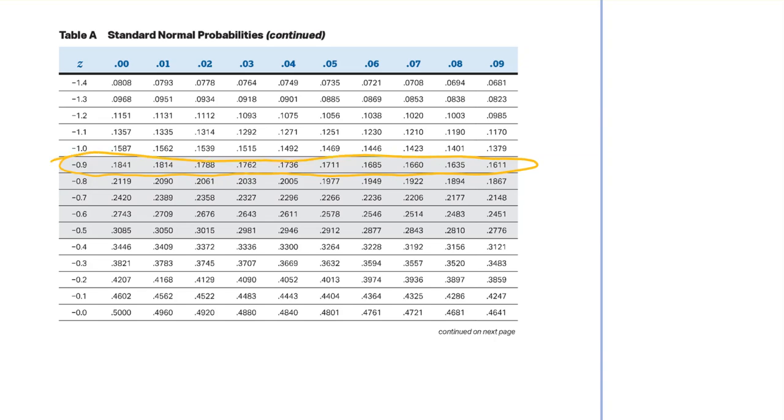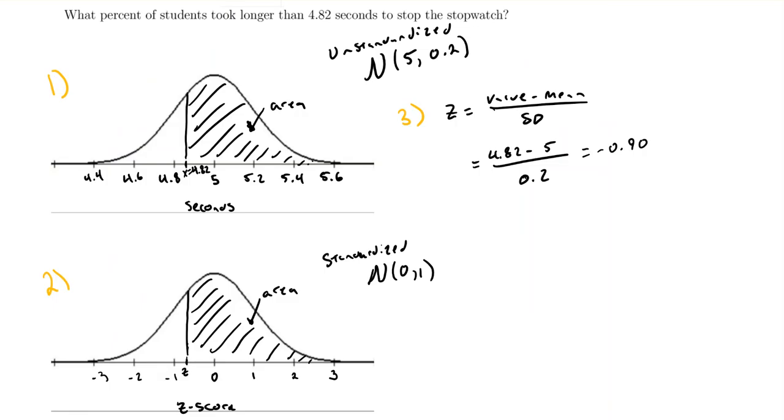Since my z-score was negative 0.90, I'm going to go to the 0.00 column, right here. That means the area to the left of my curve at that value is 0.1841. If I go back to my picture, the area to the left of my z-score is 0.1841. So I have 1 minus 0.1841 to give me everything to the right of that, and that's going to give me an area of 0.8159.